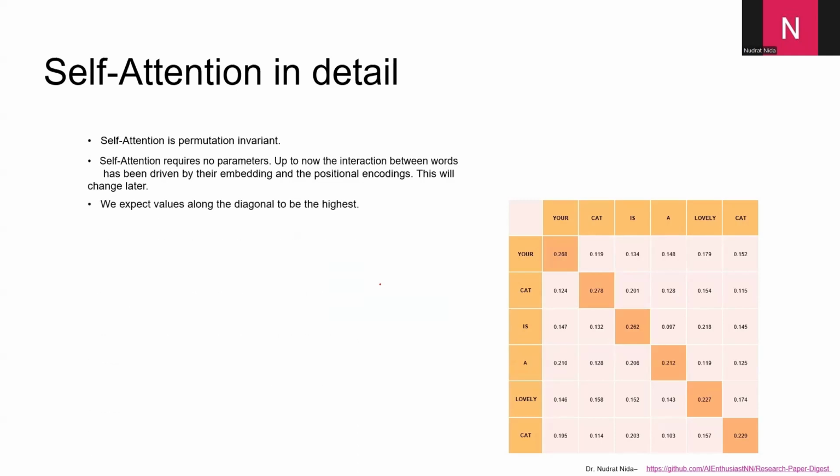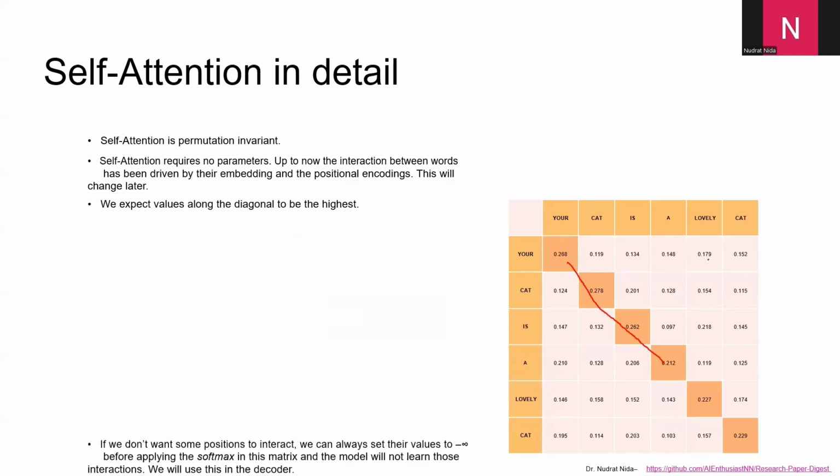We expect values along the diagonal to be highest because these words are interacting with themselves. So the diagonal must have the maximum value, as they correlate with one another the most compared to the rest of the sentence.